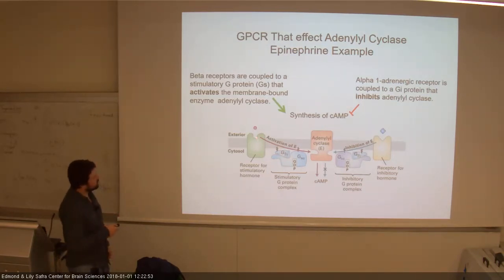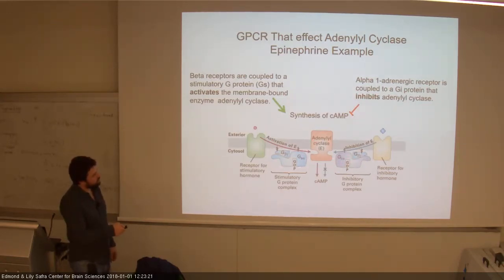But in general, you have a receptor that can cause activation of adenylate cyclase and cause an increase in the production of cyclic AMP. Adenylate cyclase is the enzyme that produces cyclic AMP. On the other hand, you can have another receptor that will cause an inhibition of adenylate cyclase by activating a different type of G alpha.